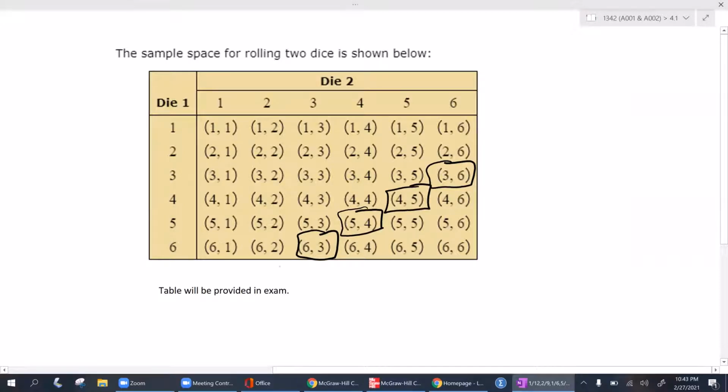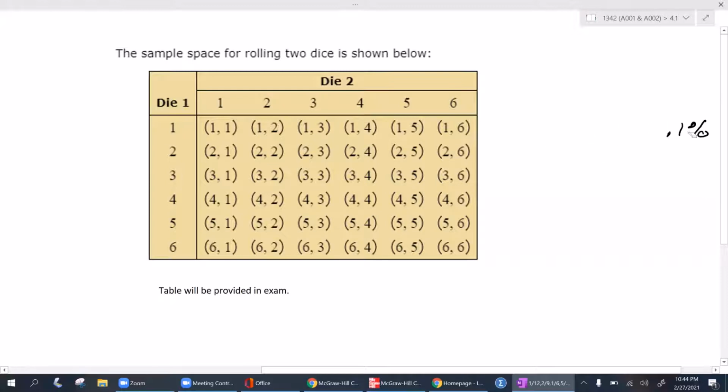If you notice, they are on this diagonal line. So that is going to be 4 over 36, which is 0.111, or 11.1%.